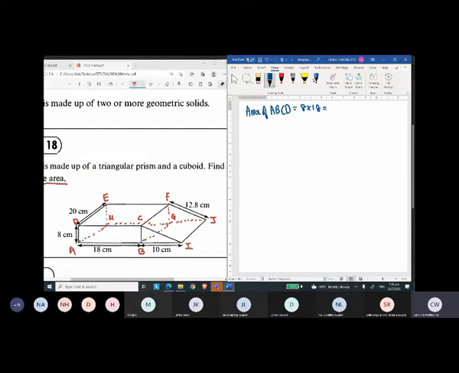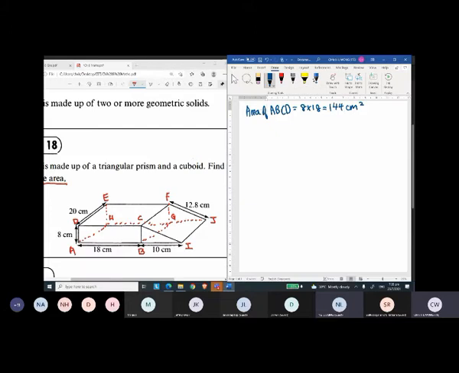I also take out my calculator to help you. 144. Okay, you calculated 144. I'll assume that you are correct. 144 what? cm square. Very good.